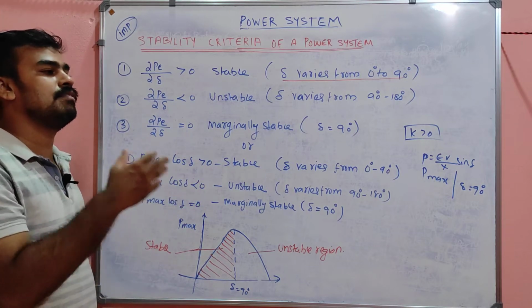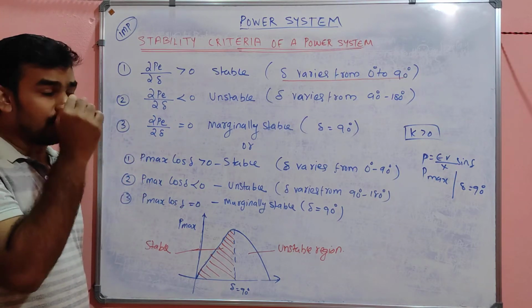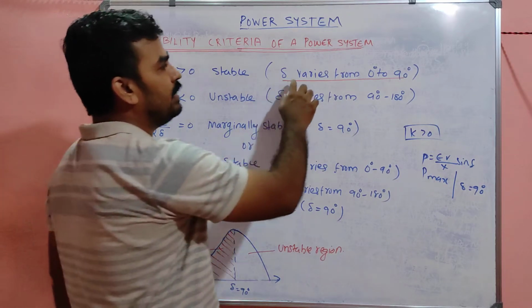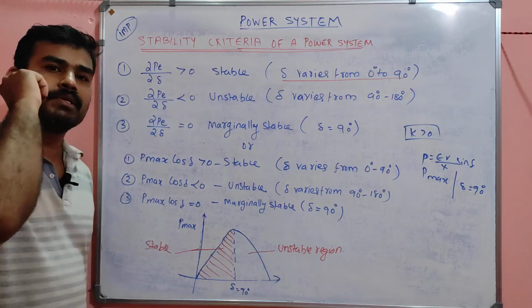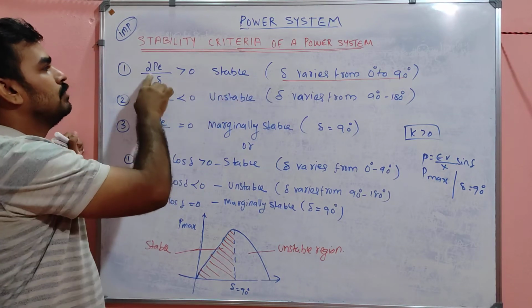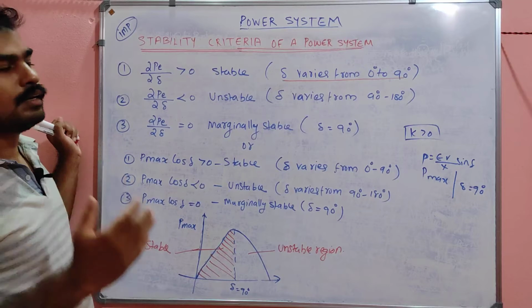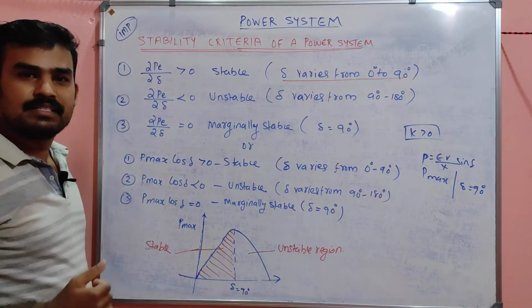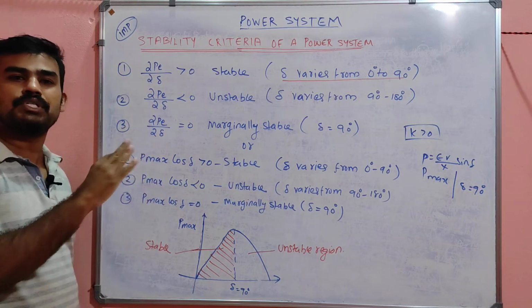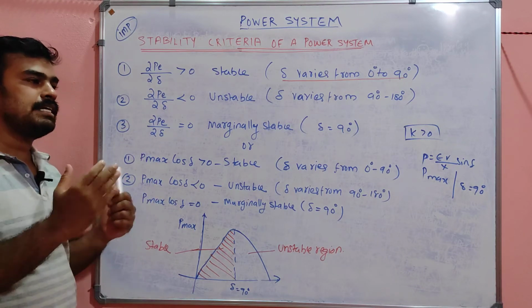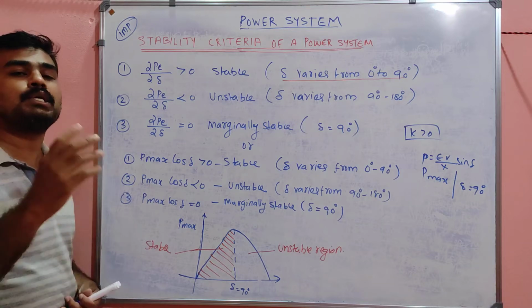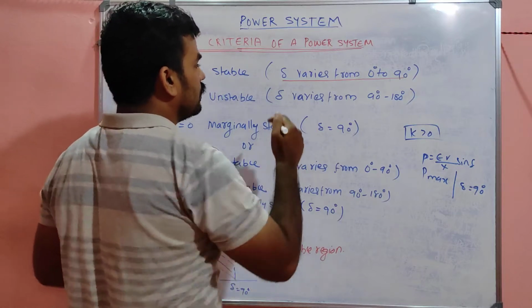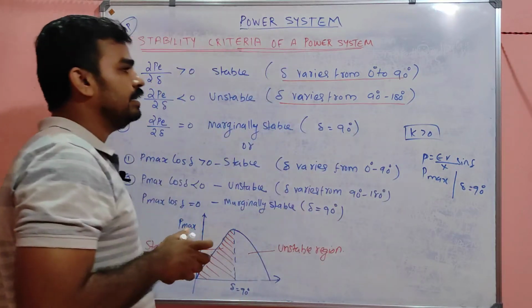So that is why we are using 90 degree as our limit. 0 to 90 degree will be the steady state limit, and it will be stable for k greater than 0. And if dou P by dou del is less than 0, that means k is less than 0, then the system will surely be unstable. For unstable operation, and this is very important, del varies from 90 to 180 degree.